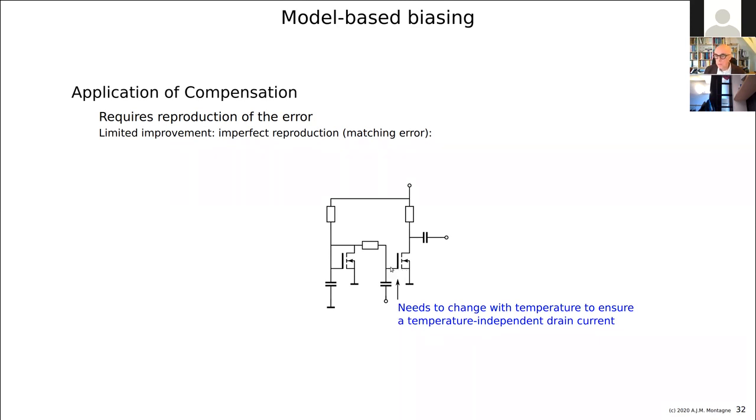Well, if we have some tracking mechanism, if we can put a current through a device that is an identical device as this one, let's say good enough, then the temperature change here, the gate source voltage, will be the same as we need there for the current. So we basically copy the current in this branch from the reference that we have here. So that is a kind of compensation technique, and it is, of course, limited to the matching of the two transistors that we have in this circuit.